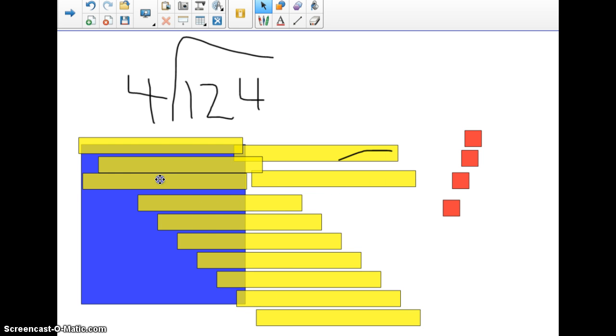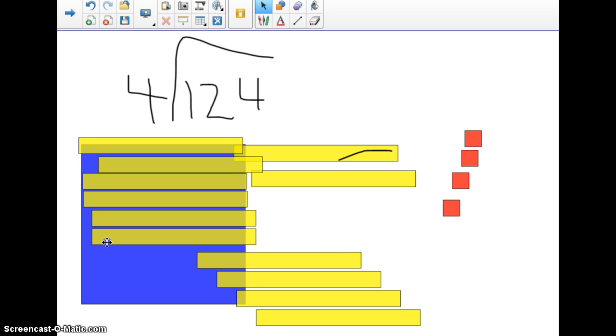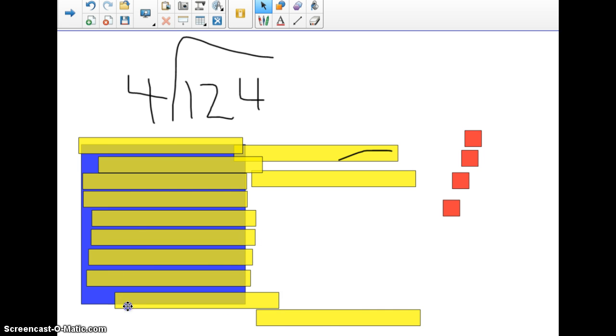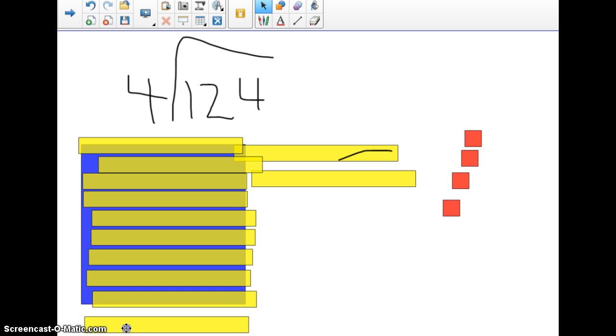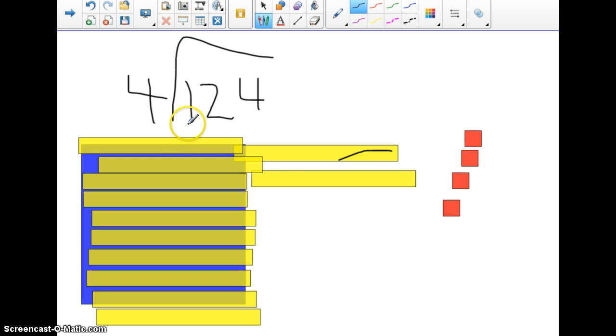Okay, so now I have my 10 base 10 model representing the 100. We're taking the 100 and breaking it into smaller parts. These are our smaller parts. We now go back up to the original division problem, the dividend of 124. We no longer have 100, we actually have 12 groups of 10.